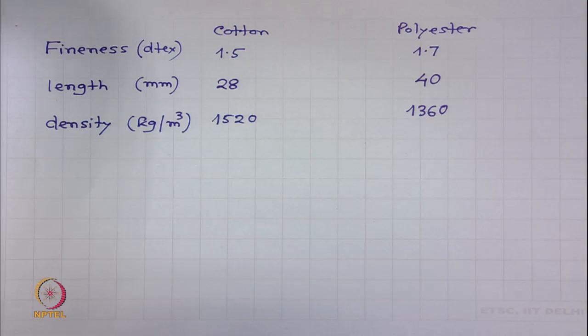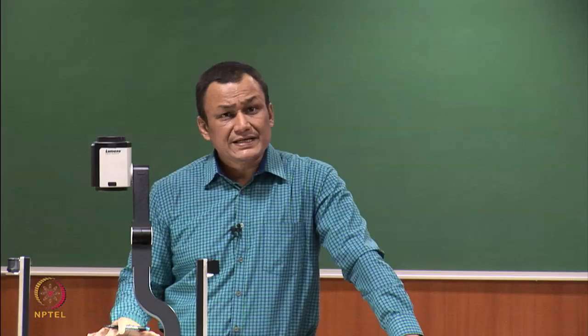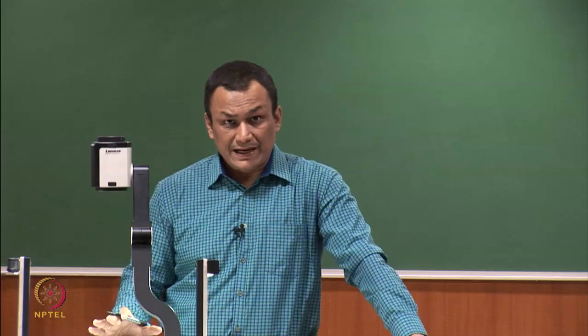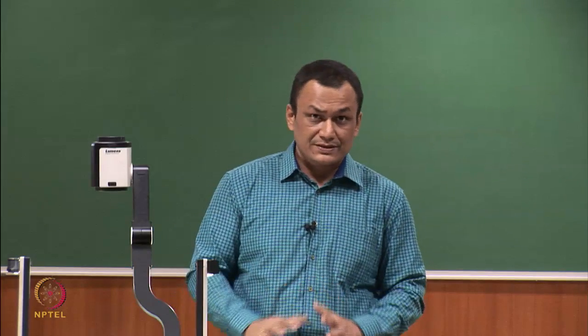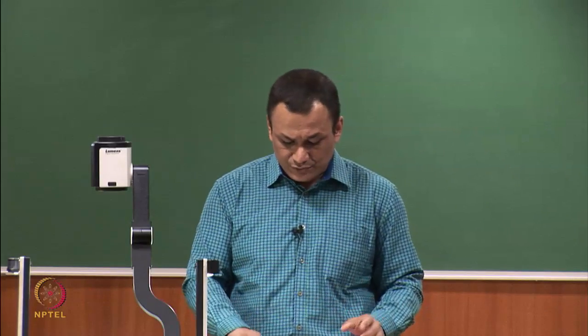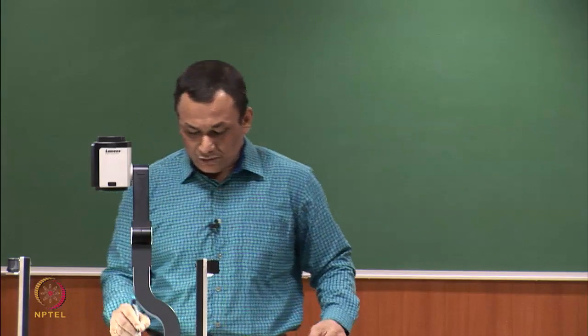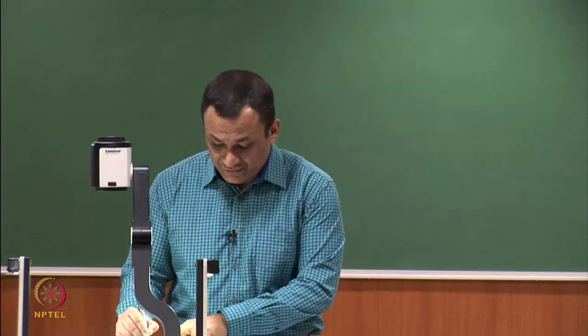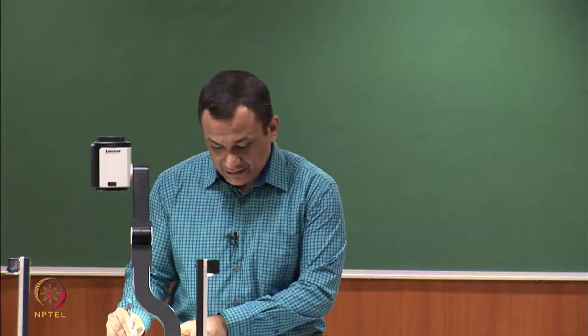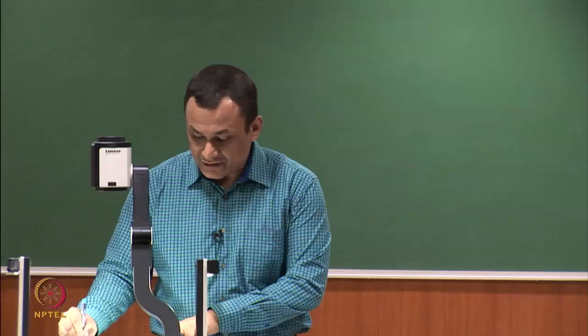So, these 3 characteristics let us consider. These 3 are the basic characteristics which are often known in practice. When we mix 2 fibers, say cotton polyester, we generally know their length, their fineness, their densities are also well known. Based on this, and also given is mass fraction, which is dimensionless, 0.4 and 0.6.